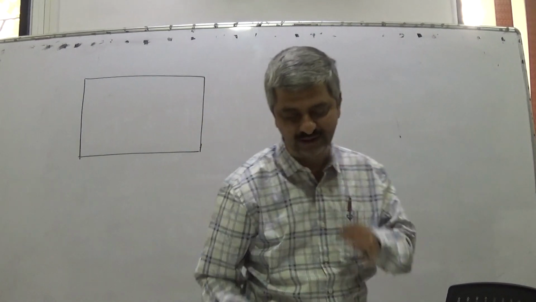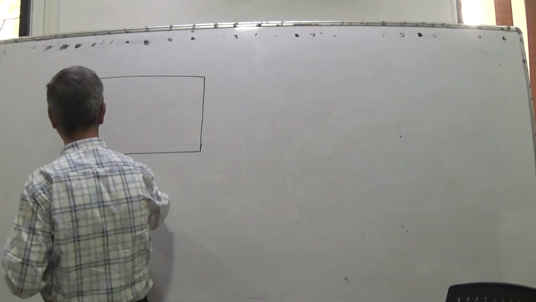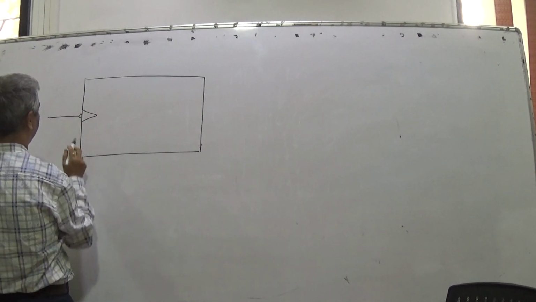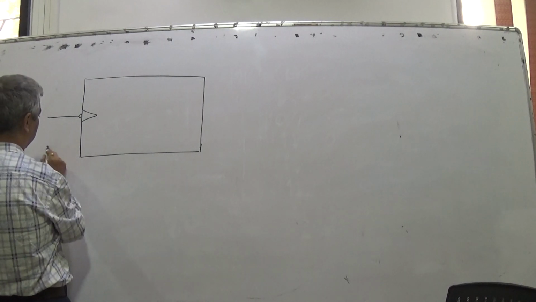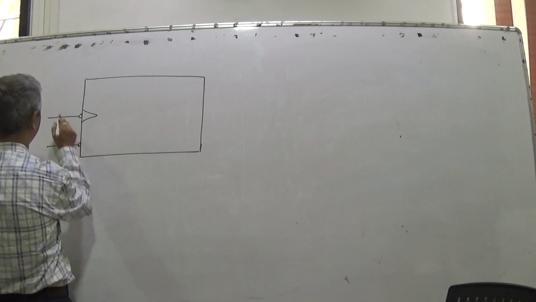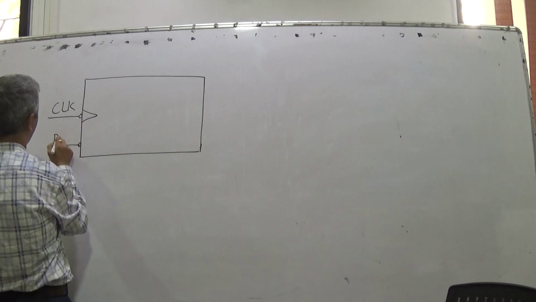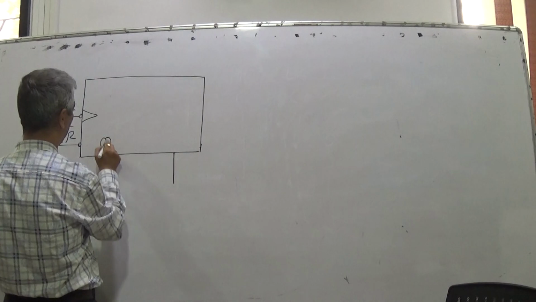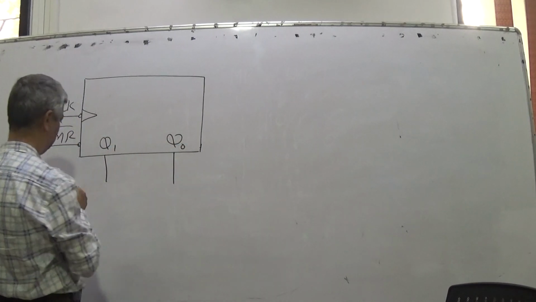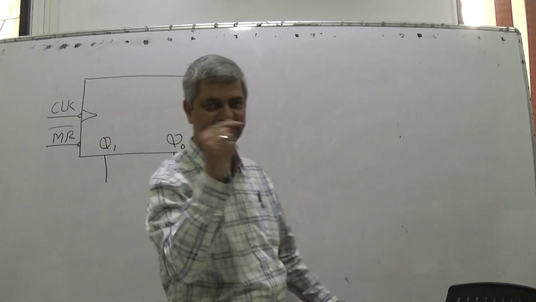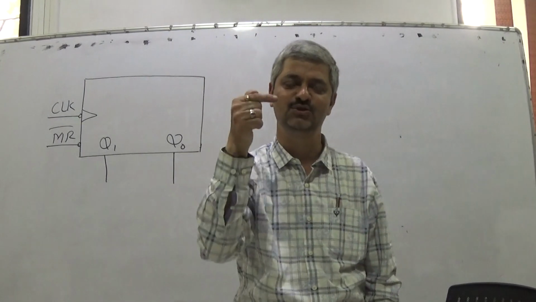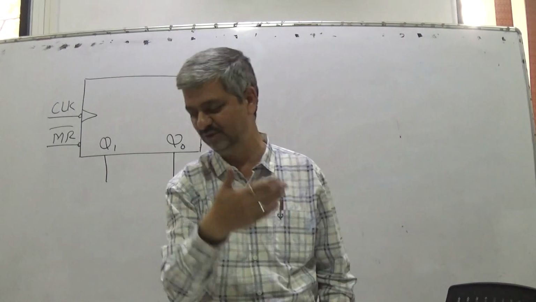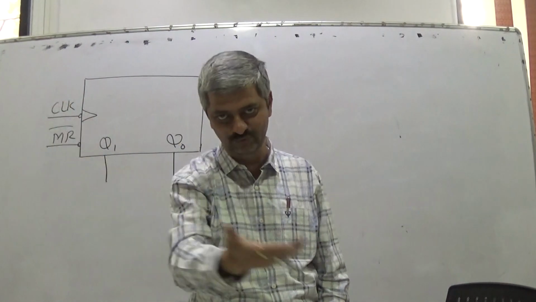Somehow you want a circuit for which there should be one clock pin, an overall master reset, and 2 outputs, Q1 and Q0. So when the clock is there, they should change 0, 0, 0, 1, 1, 0, 1, 1. This is a 2-bit counter. Then you will make it a 3-bit counter, a 4-bit counter. Like that you will go on increasing.